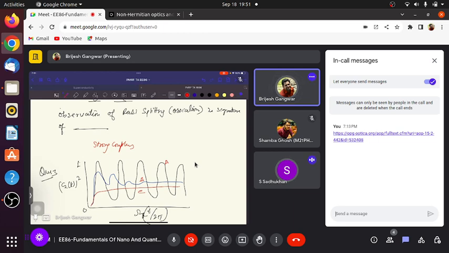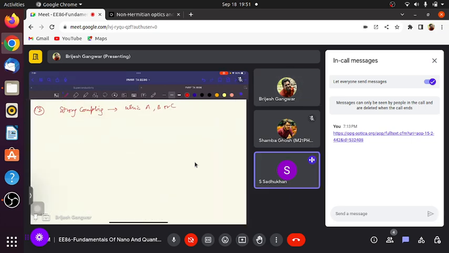So this is critical strong coupling, exact strong coupling, and this is also the strong coupling region, because this is oscillating, but it is damped with time because this exchange of energy has some damping rate. So A and B are the strong coupling.